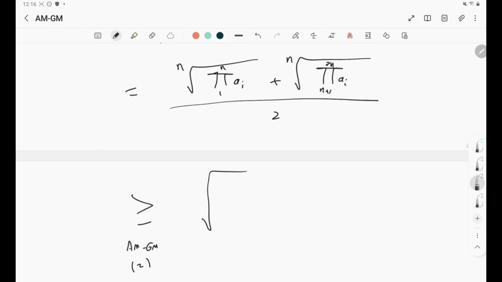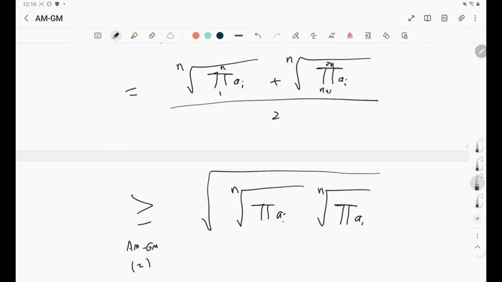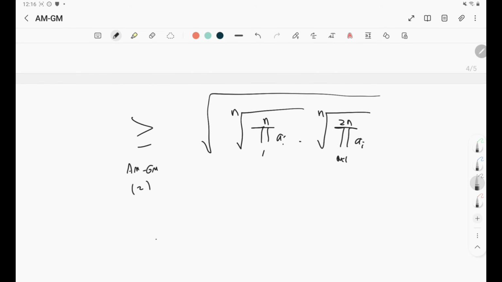So we just have a big square root of this times this. Okay, this is what we want. They get mixed and we're done. All right, perfect.